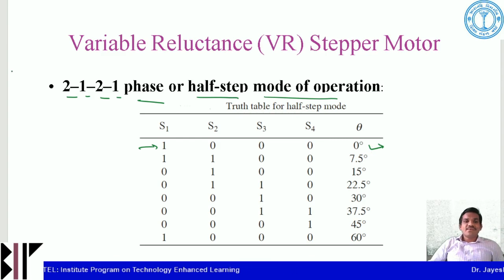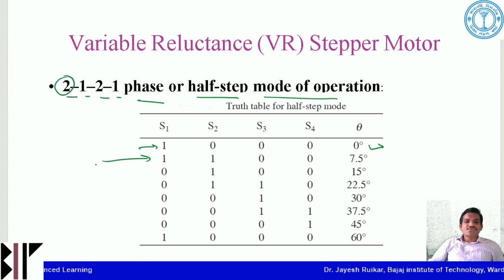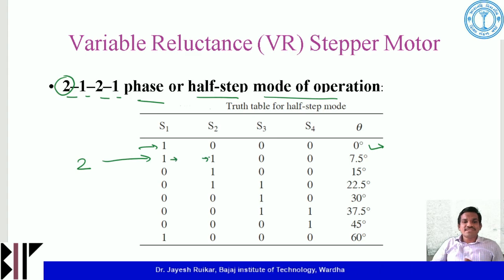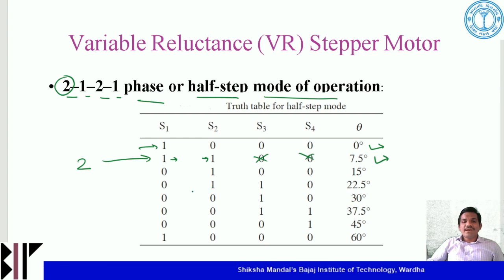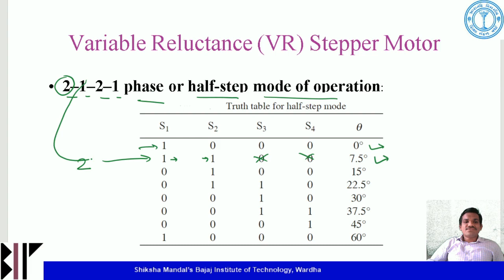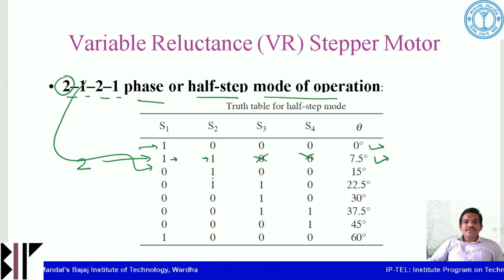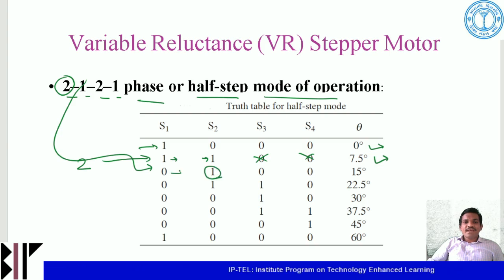Now remember this 2 is given. So in this step, this represents the 2: S1 and S2, so two phases are excited, and you will get an angle of 7.5 degrees. The other switches, S3 and S4, are open. Now the next one is 1, so only S2 will be on, whereas S1, S3 and S4 are off.